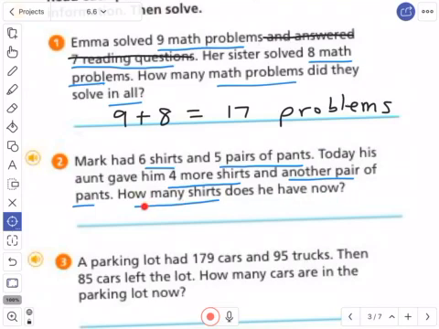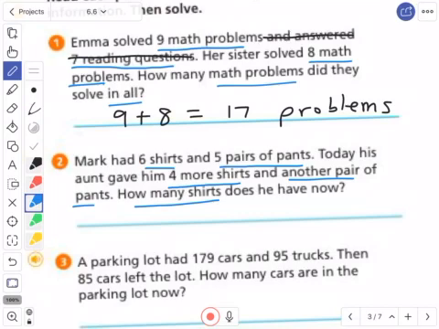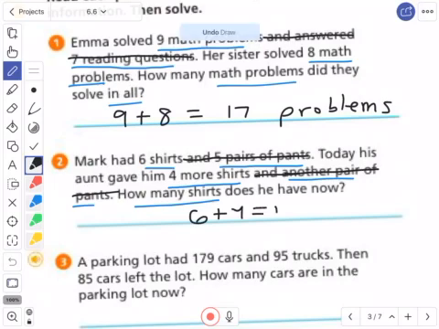It says how many shirts? Well, I don't need to know about the 5 pairs of pants. That part I do not need to know about, and I don't need to know this either. But I do need to know that. So he has 6 shirts. He got 4 more. So that equals 10 shirts.